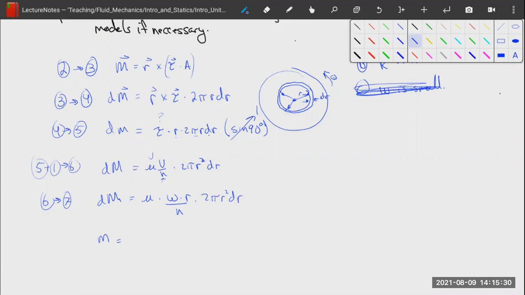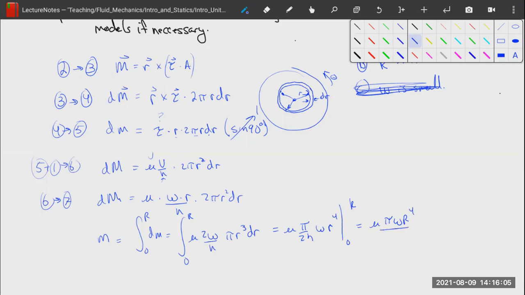So m is equal to the integral from 0 to R of dm, which is equal to the integral from 0 to R of mu 2 omega over h pi r cubed dr, which is equal to mu pi over 2h omega r to the fourth, integrated from 0 to big R, which is equal to mu pi omega R to the fourth over 2h. Cool.